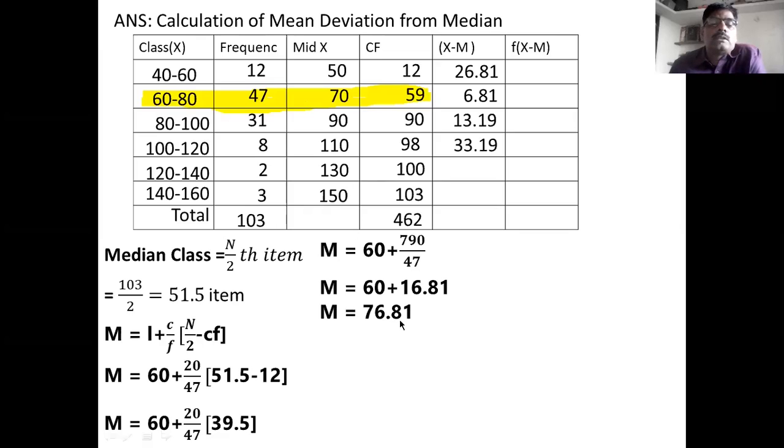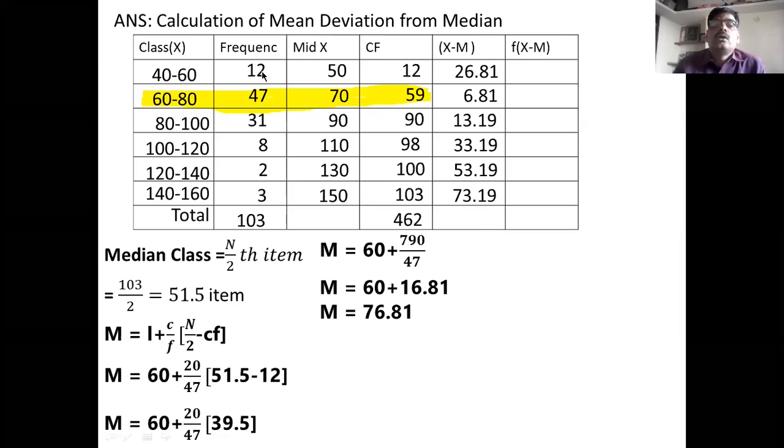130 minus 76.81, 53.19. 150 minus 76.81, 73.19. Like this you calculate X minus M. Okay. Don't put minus or plus. Remember this. Then F into X minus M. The X column is this, and the F column is the second column.